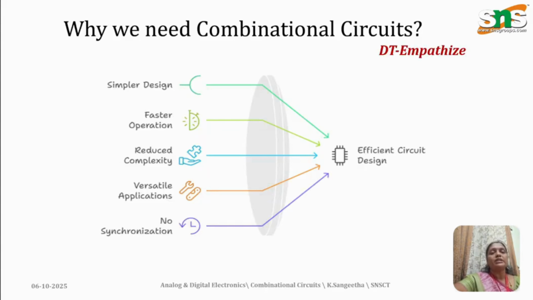Before that, we should know why it is needed. What are the emphasis points? Combinational circuits are required because of their simpler design, easier operation, reduced complexity, and versatile applications. Because of these reasons, it is very much needed in digital circuits.